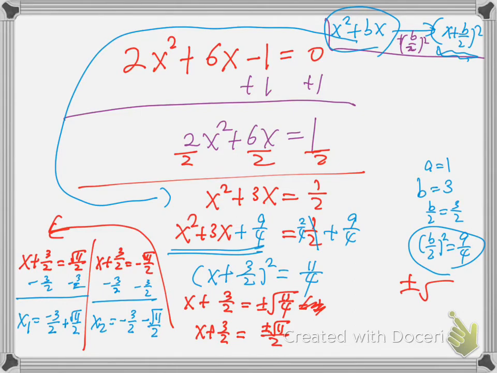So these are the steps to use the completing square method to solve a quadratic equation. Let me repeat. So what is step 1? Step 1, this is our step 1, right?